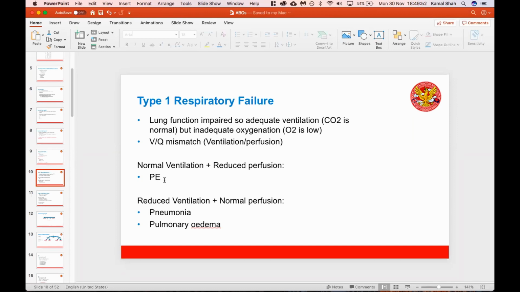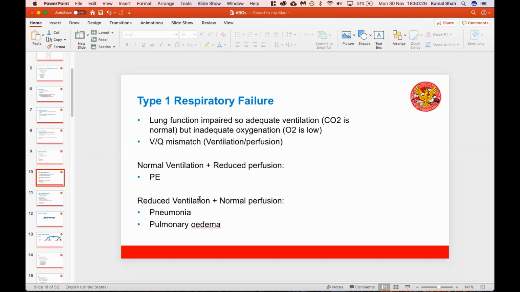What happens in a pulmonary embolism is that you've got normal ventilation, so your lungs are working completely fine, but there's reduced perfusion because you've got a blood clot. This can lead to type 1 respiratory failure. So let me recap that again. A ventilation perfusion mismatch refers to whether or not there's a good amount of blood, or perfusion, going to those areas that have good ventilation.